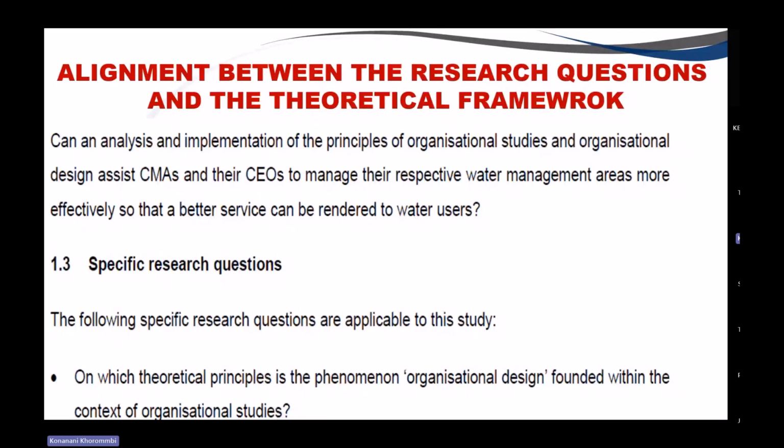It says analysis and implementation of the principles of organizational studies. And those principles are what I referred to as problems that were symptomatic in the management of the CMAs. So there is a relationship between the statement of problem and the research question. So the loop and the linkage has started and it continues.